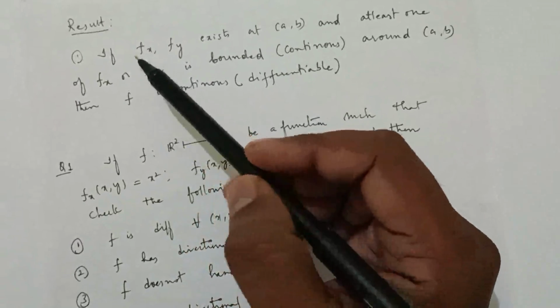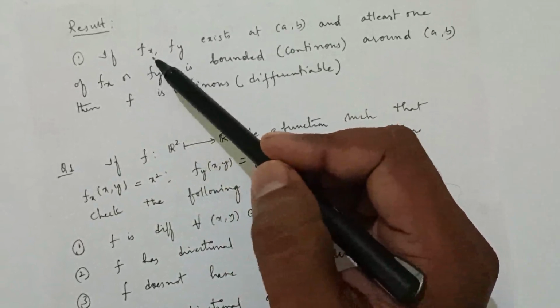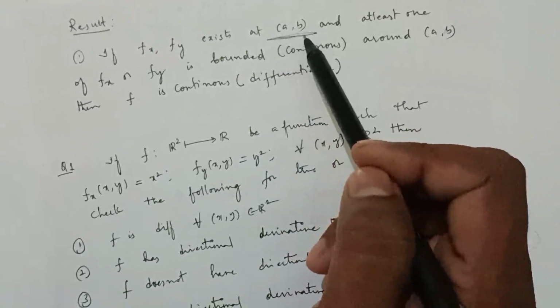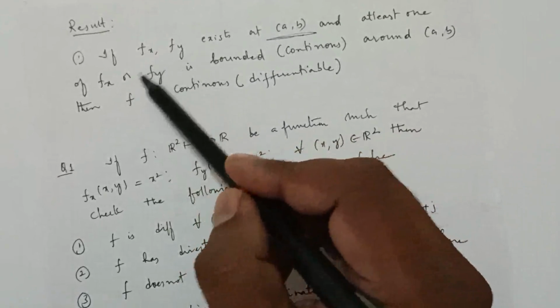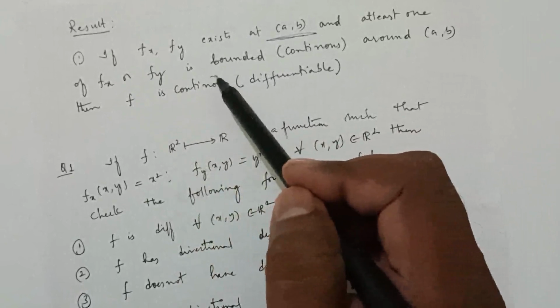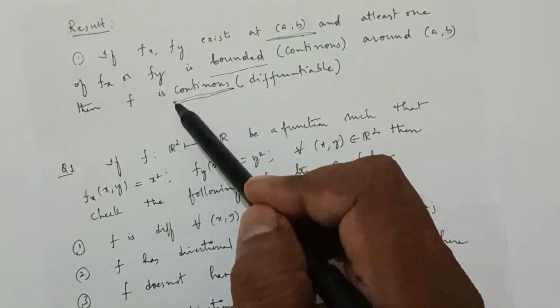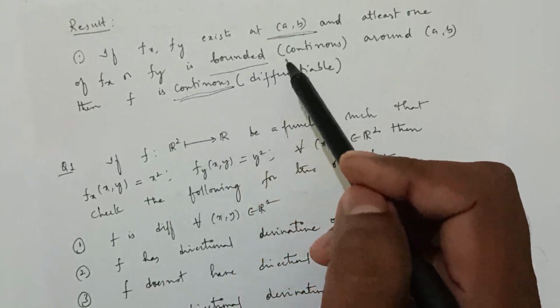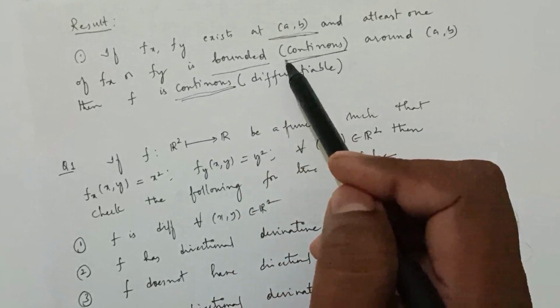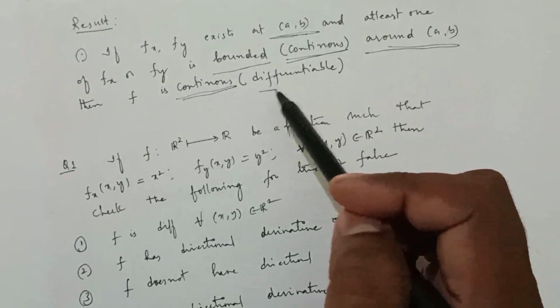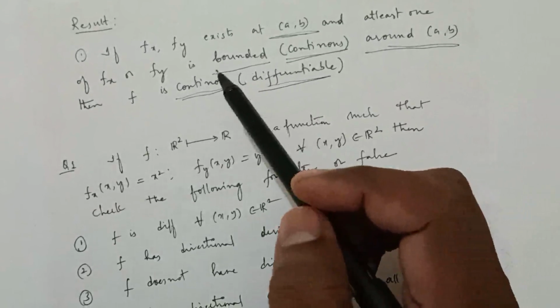See here I have one remark which says if the partial derivatives fx and fy exist at the interval AB and at least one of them, fx or fy, is bounded in the given interval, then f is said to be continuous. If that partial derivative is continuous in that bounded interval AB, then f is said to be differentiable. Idea is clear?